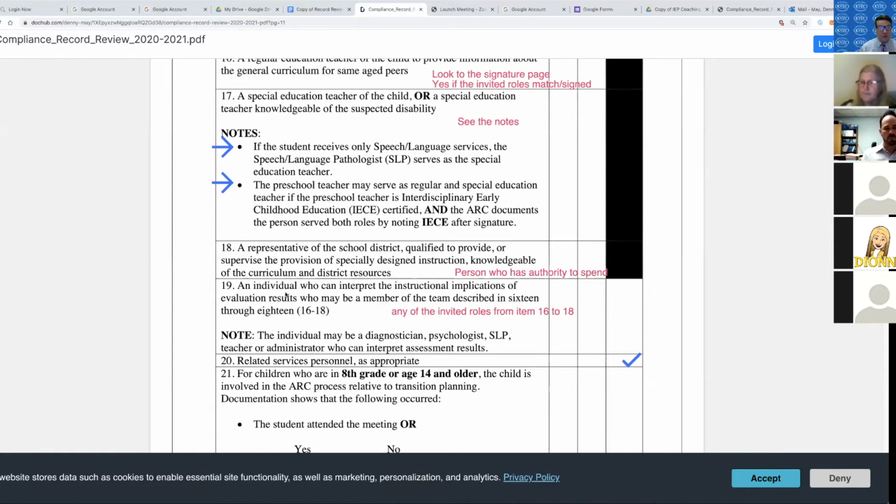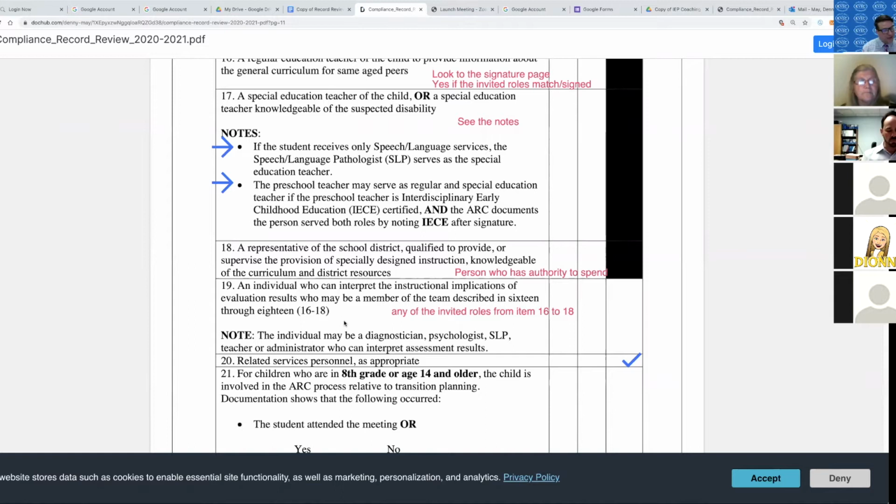An individual who can interpret the instructional implications of evaluation results, who may be a member of the team described in 16 through 18. All right. So any of the invited roles from 16 to 18 have, according to this document, according to the KARs, the ability to interpret results.